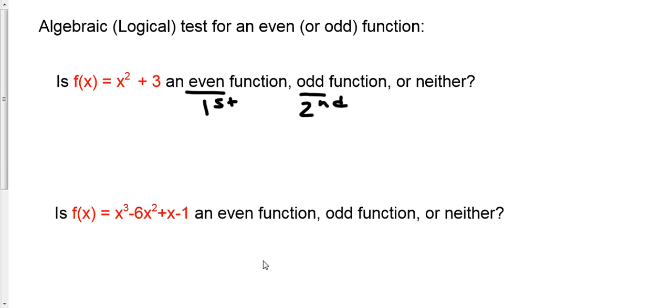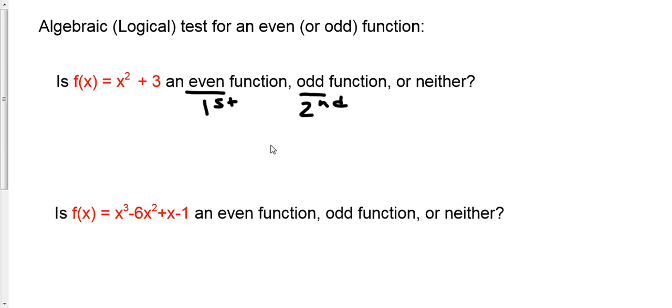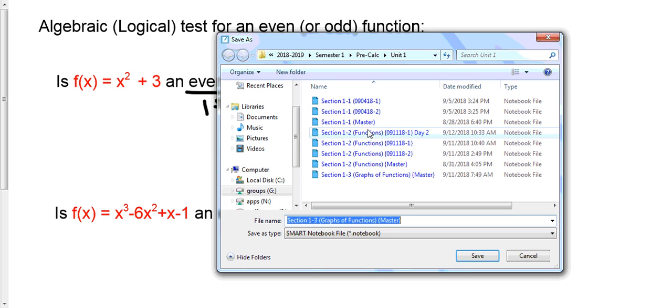That's what we're supposed to do. Let's save this or something right now. Here's the 13.